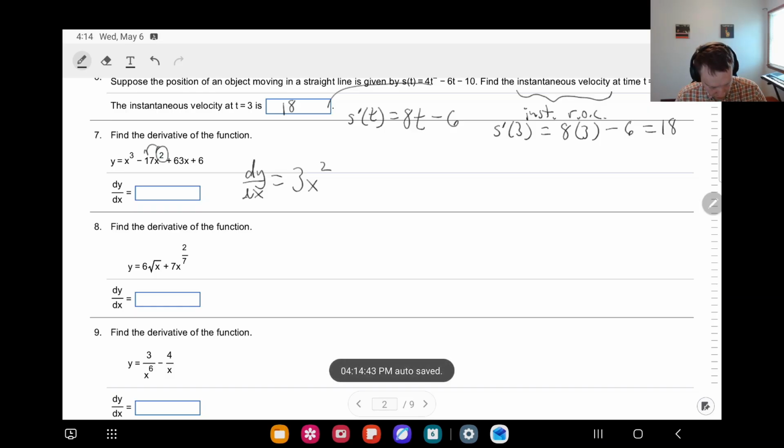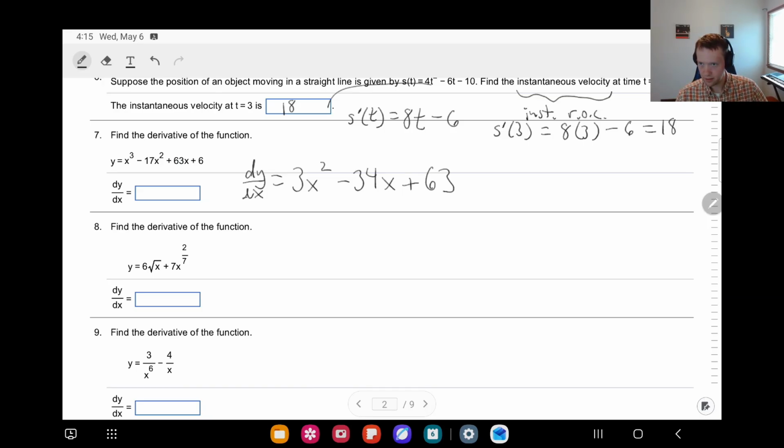Okay, next, the 2 will come down. Now just x to the first power. 63x, its derivative is just 63. And the plus 6 won't matter. So here, I don't need to write it again. That's the answer.